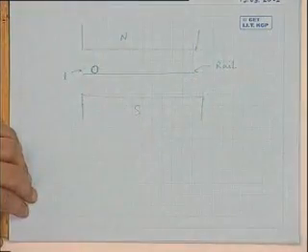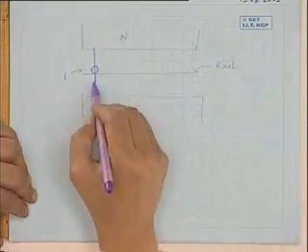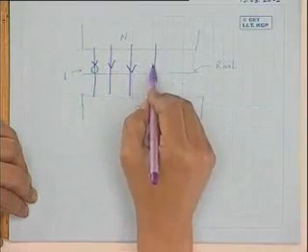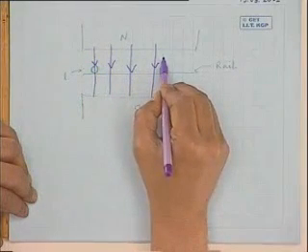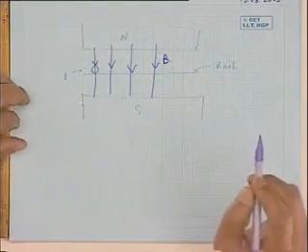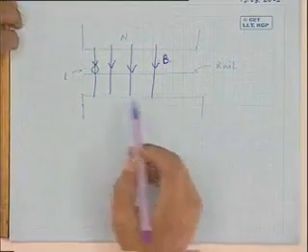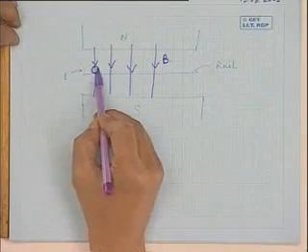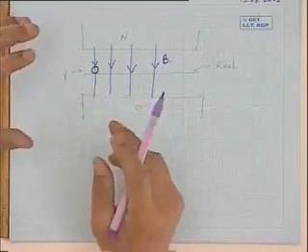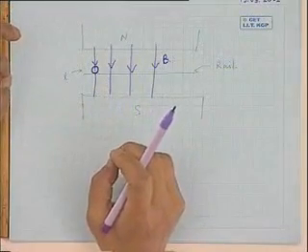And suppose the B distribution, which let us assume to be uniform, acts like this all along the track. This is the B distribution, B Weber per meter square. Therefore, if this conductor remains stationary at a particular position, there cannot be any induced voltage developed across it.